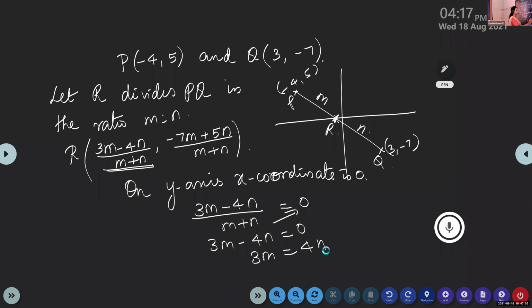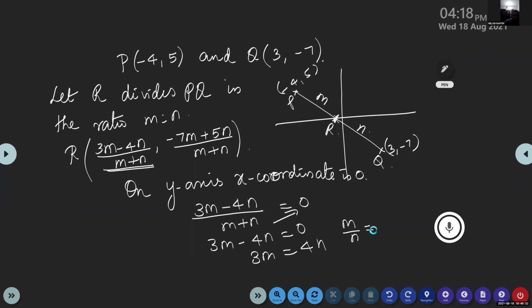Therefore, what will be the ratio? m by n is equal to? 3:4? No. You are taking n to this side, so this 3 should go that side. Surya, what is the ratio? Yes, Prajot, what is the ratio? 3 by 4?